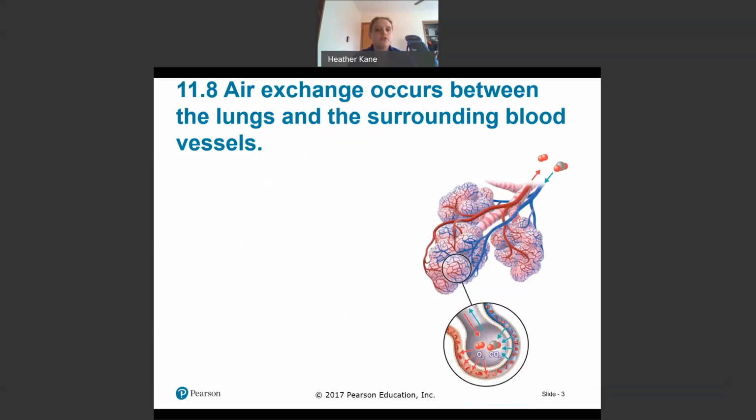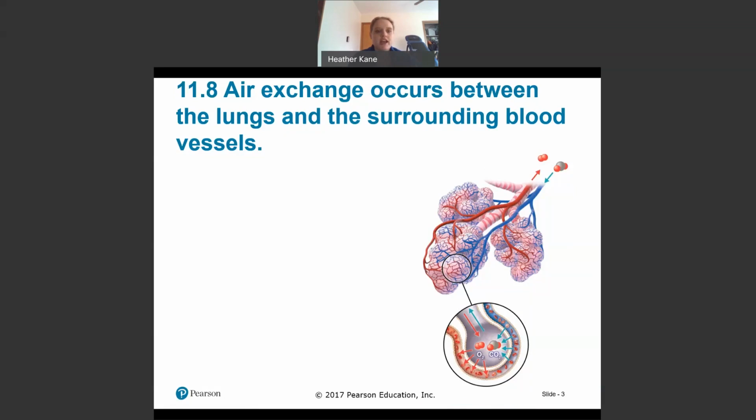The air exchange is going to occur between the lungs and those surrounding blood vessels. We have these blood vessels that are going to surround those leaves or those branches that are the bronchi. The way that this works is these blood vessels are going to basically just absorb that oxygen.